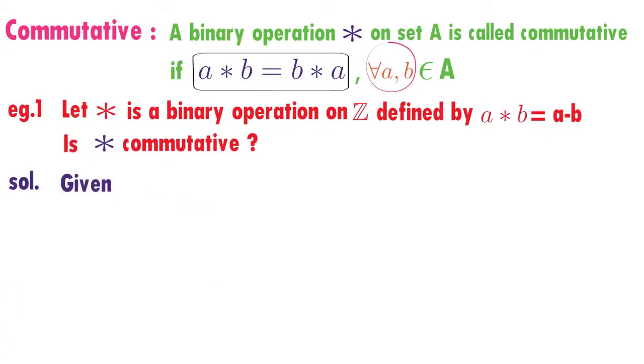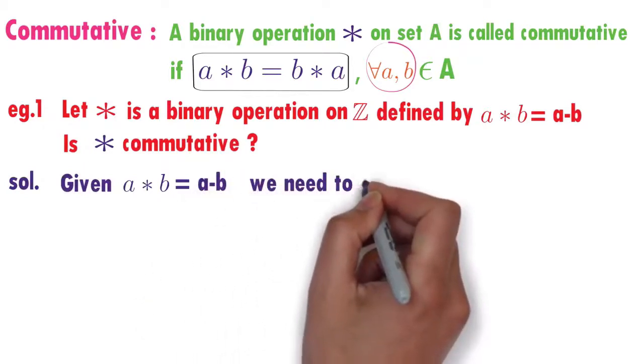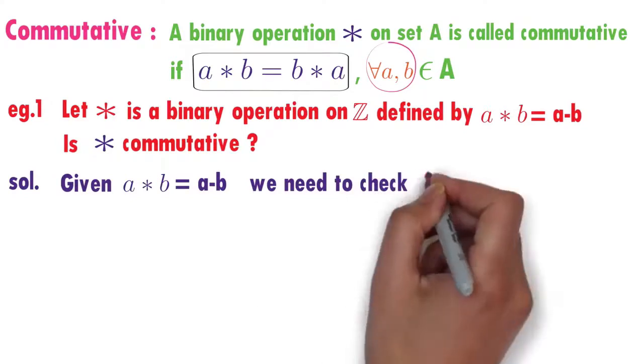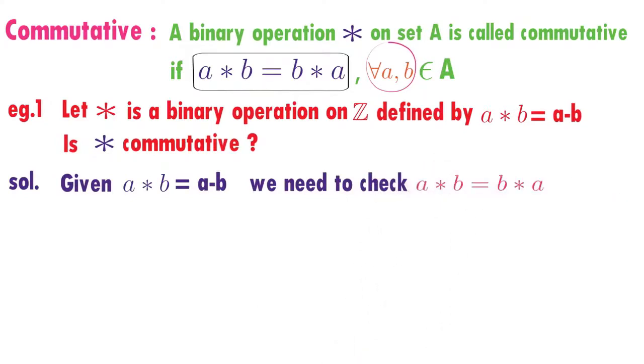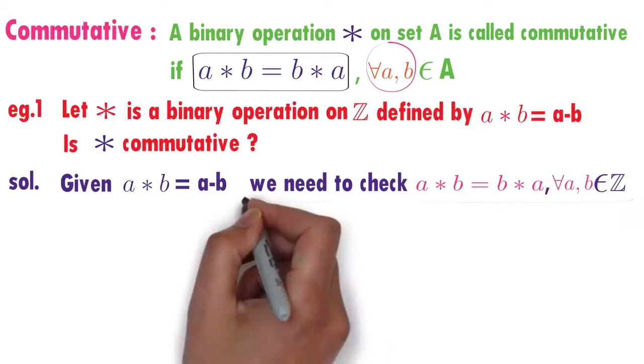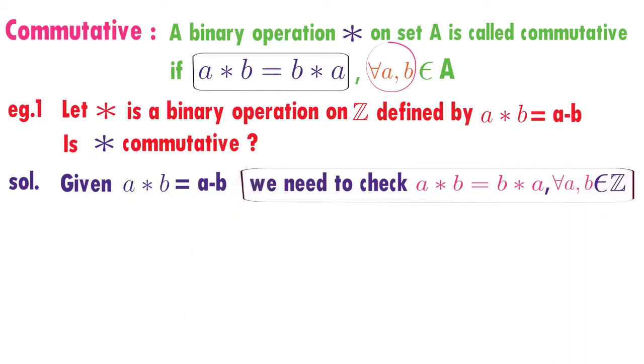What is given? A star B equals A minus B. We need to check whether star is commutative or not. When A star B equals B star A for every A, B belonging to Z, then star is called commutative. Okay. Now I'll try to explain this with a counter example.